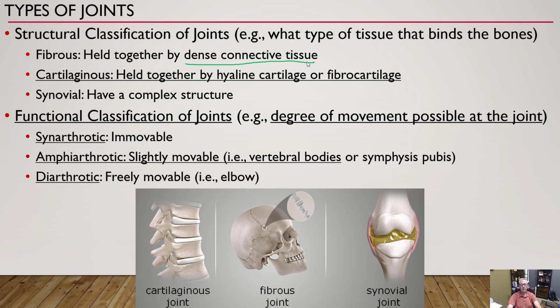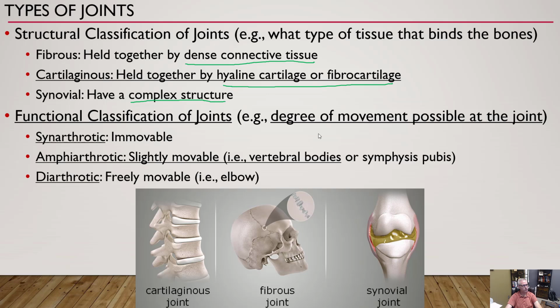And we'll be breaking each one of these down a lot more. Cartilaginous joints are going to be held together by hyaline cartilage or fibrocartilage. And synovial joints, which we'll talk about later, have more of a complex structure. These are going to be joints that you typically think of, like really freely movable joints.